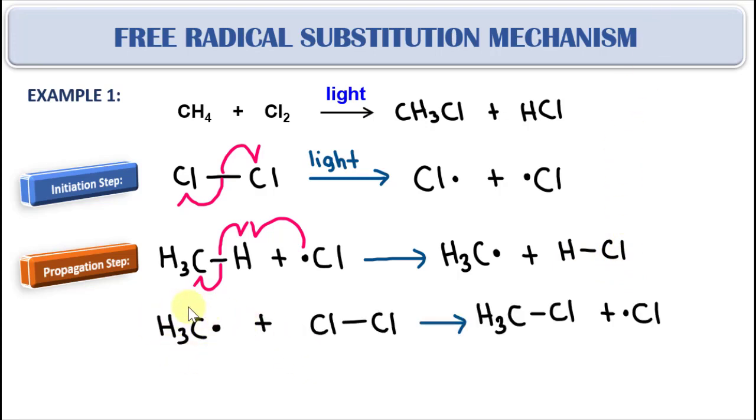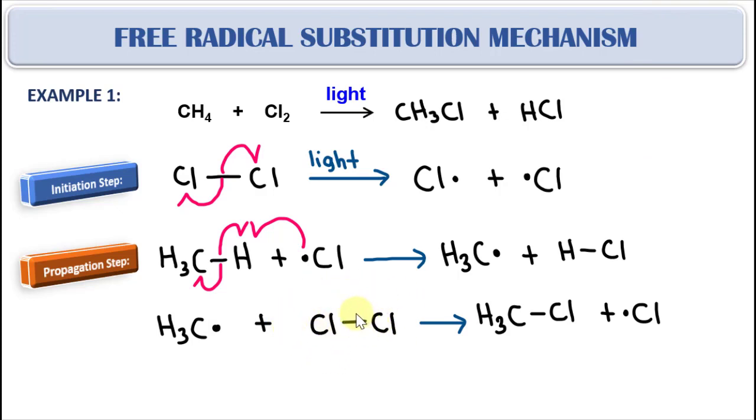Next, the free radical of the alkyl group will react with the halogen molecule to form the haloalkane, which is our product, and also another halogen radical. To show the movement of electrons, as usual, I will start with our molecules.